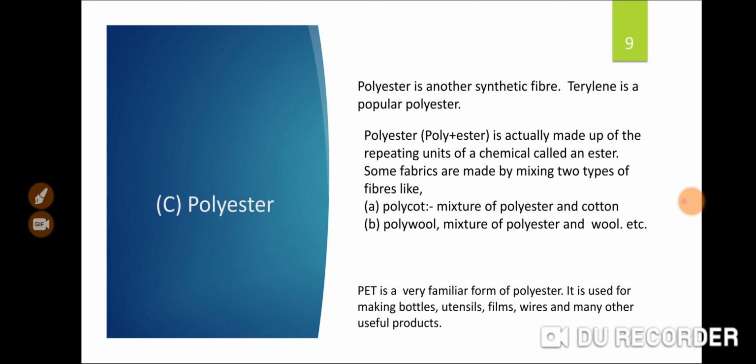Now let's talk about polyester. Polyester is another synthetic fiber. Terylene is a popular polyester.